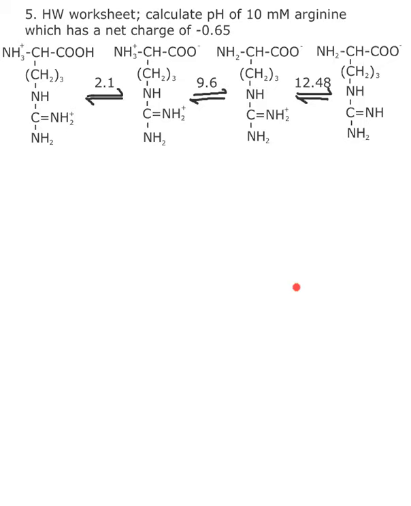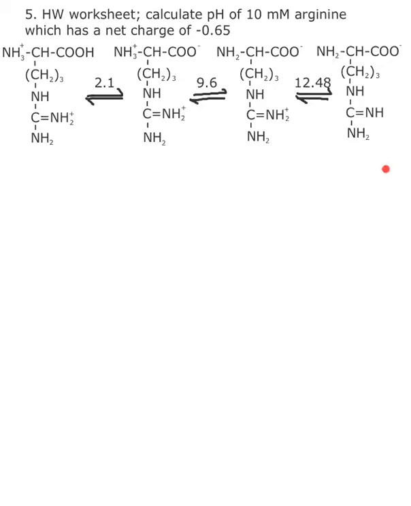Whenever you want to look at the net charge, it will depend on the structure of the amino acid at a certain pH. For arginine, because it has 3 pKa, it can be in 4 forms, like this diagram here.